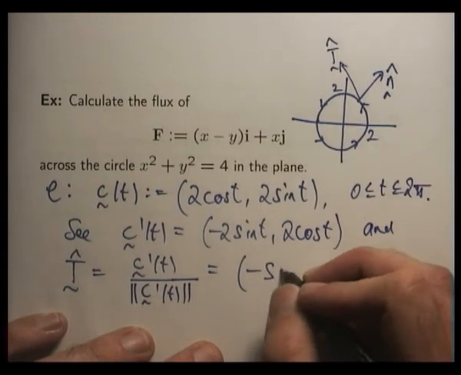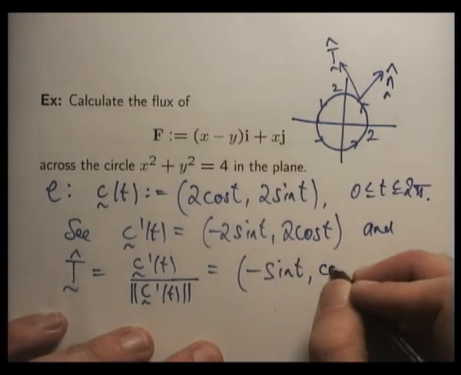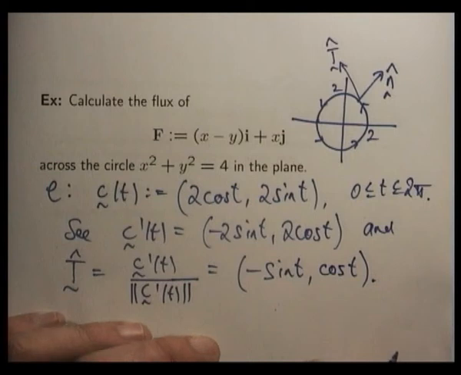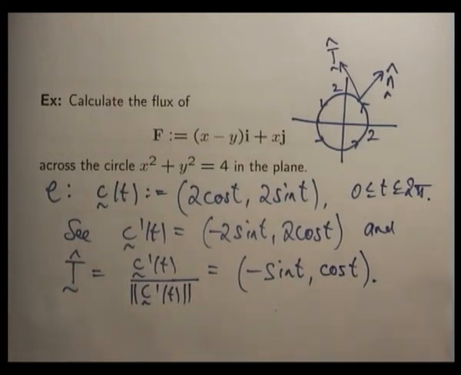If you divide by the length, you'll get this. That is the unit tangent vector at any point along the curve, pointing in the direction of motion.